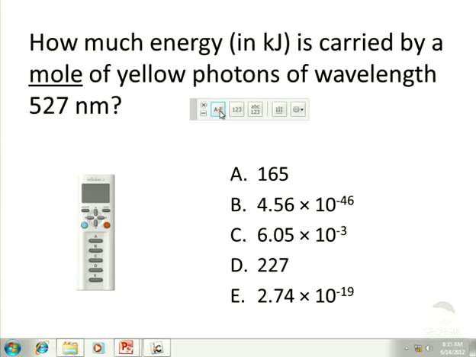So we're calculating the amount of energy in one photon. See what the units are doing. Meters on top cancel meters on the bottom. Seconds cancel seconds. And so we end up with some number in units of joules.